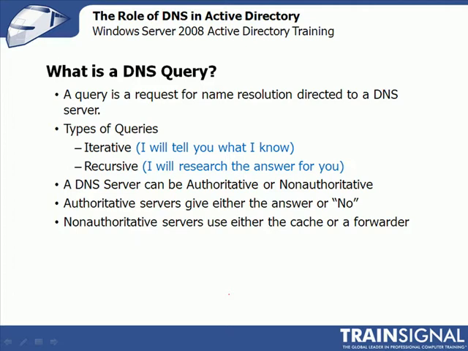Before sending it to the client, it'll put it in its own cache, which is an area of memory, so that if that request ever comes in again, it will know the answer without having to go out and research it. So a non-authoritative server will either look in its cache or it will use what's called a forwarder, which is, again, something we're going to get into here in just a moment, to go out and look up the answer from another DNS server.